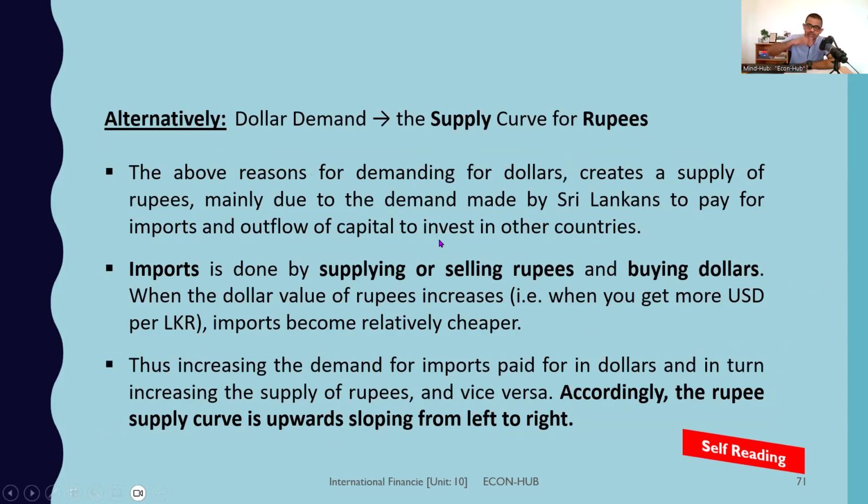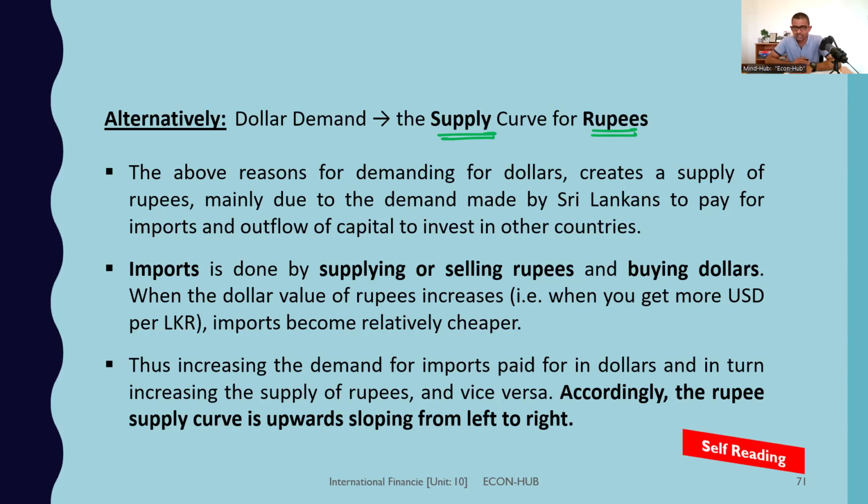Okay, the dollar demand curve is downward sloping. Now let's talk about the other side. Dollar demand is the what? Supply of rupees. Dollar demand is the supply of rupees. You are going through your notes also. This is there in page 23. The above reason for demanding dollars creates a supply of rupees.